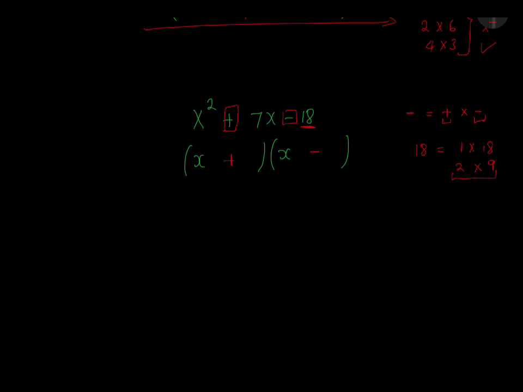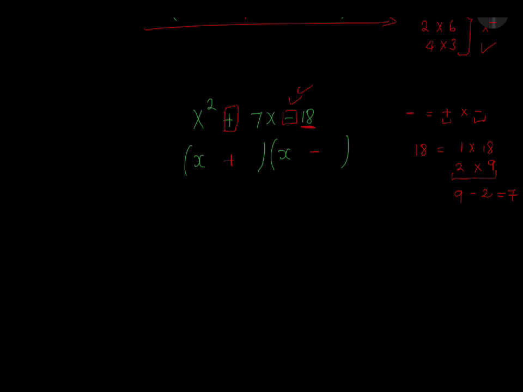But how can we obtain it? We can obtain it by saying 9 minus 2, which is 7. Why we are subtracting is because we have a minus sign here. That's why we are subtracting, not adding.